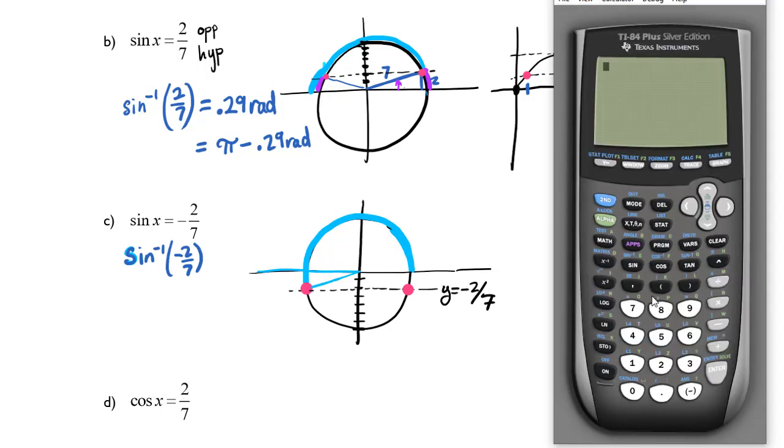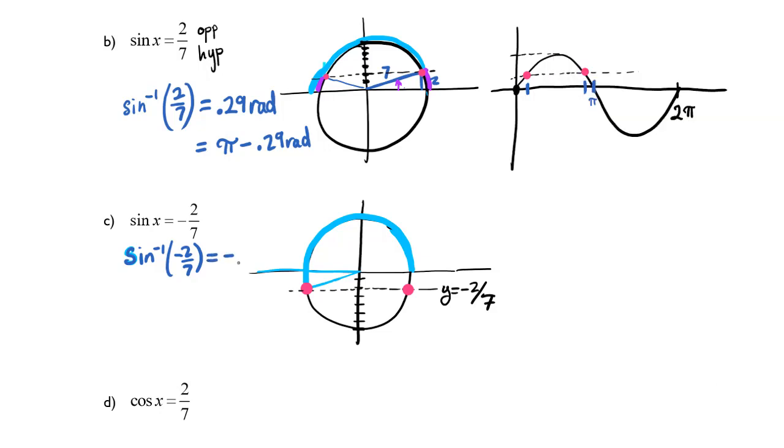Now let's calculate what sine inverse of negative 2/7 will be. I can see that my radian measure is negative 0.29. That means that I'm going in the clockwise direction, and this angle right here, to get to this pink point that I've highlighted here, is going to be a measure of negative 0.29 radians.